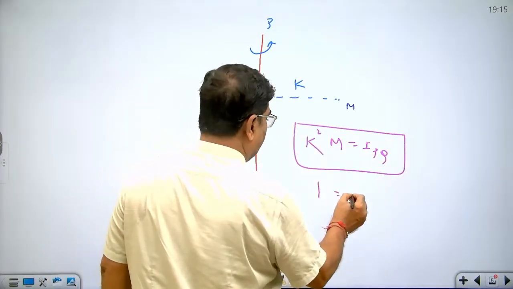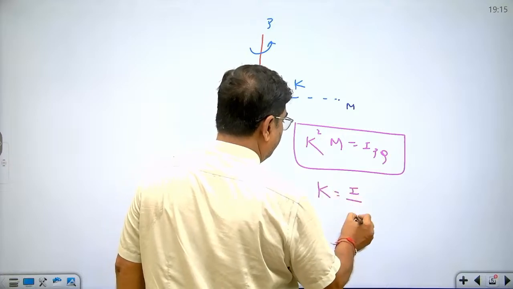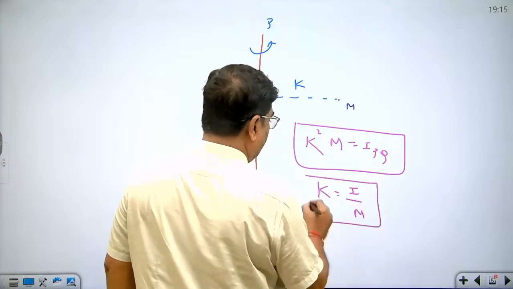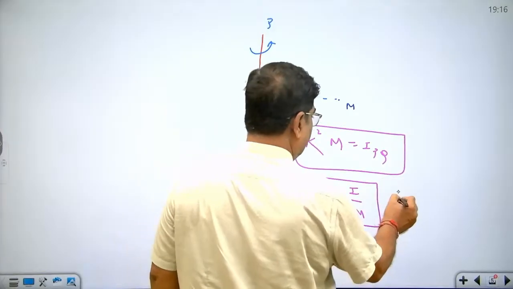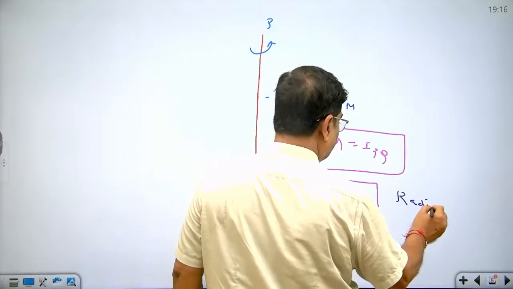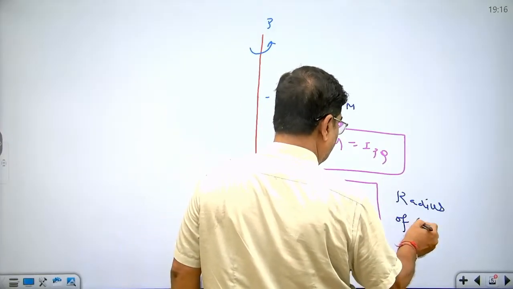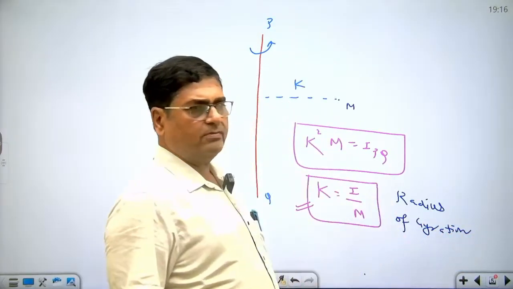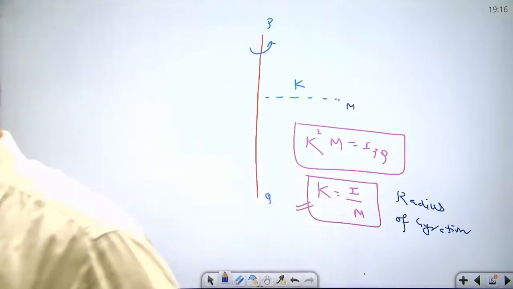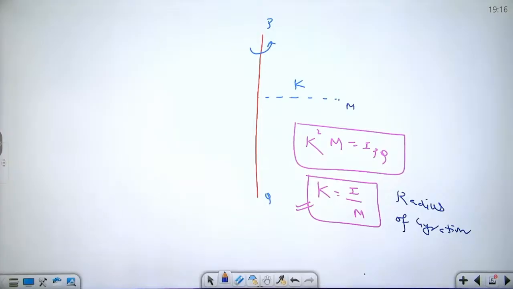Then this K is known as radius of gyration. Hope you understood the meaning and concept of K.